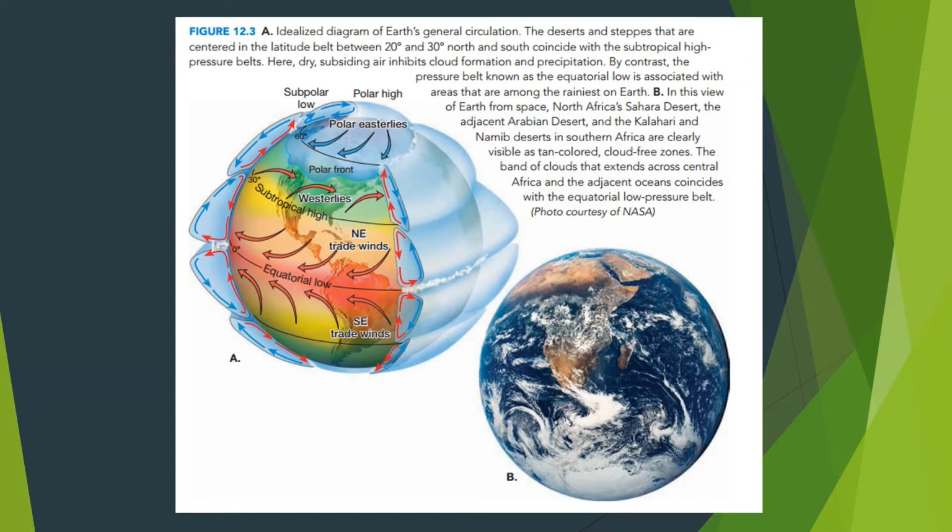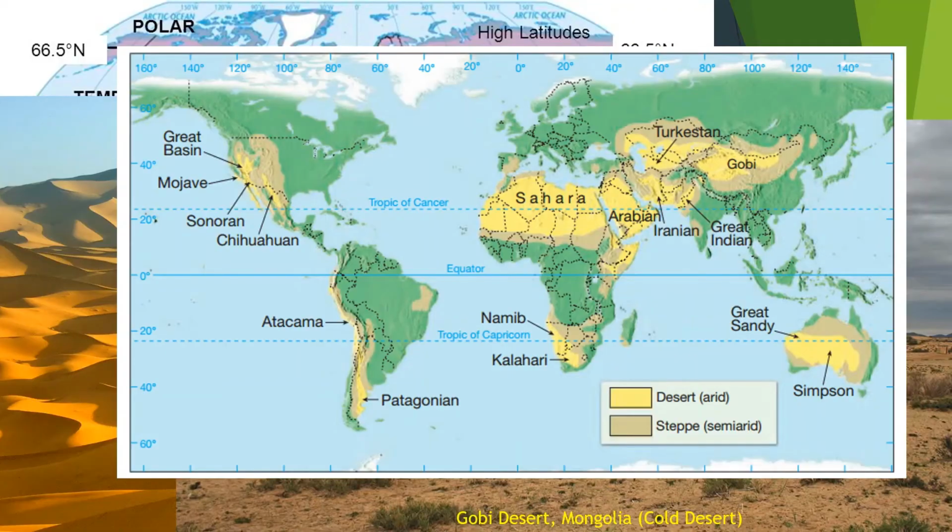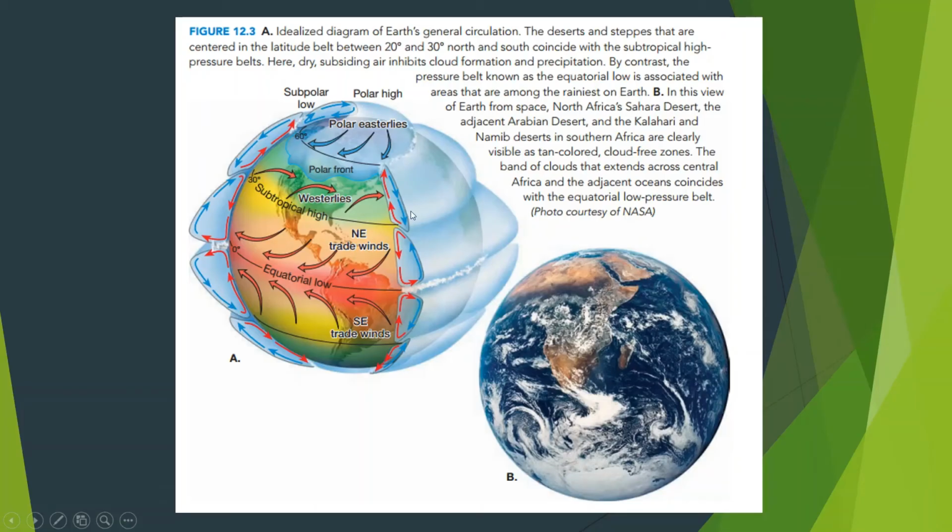So anyway, if you observe the last slide, the photos, most of the deserts are distributed on the western portion of the continents. This is because the winds on these portions are going towards the west.